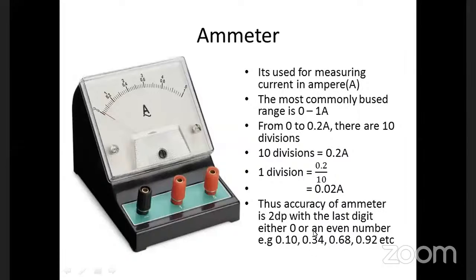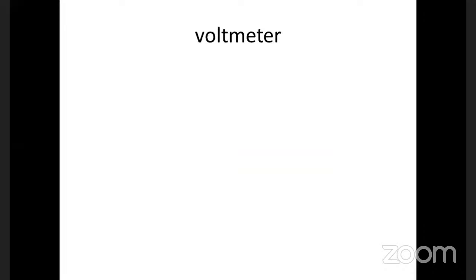So that is why we shall record that answer as 0.60, but not as 0.6. We are basing that on the accuracy of this. That is how we can take measurement of current using an ammeter.